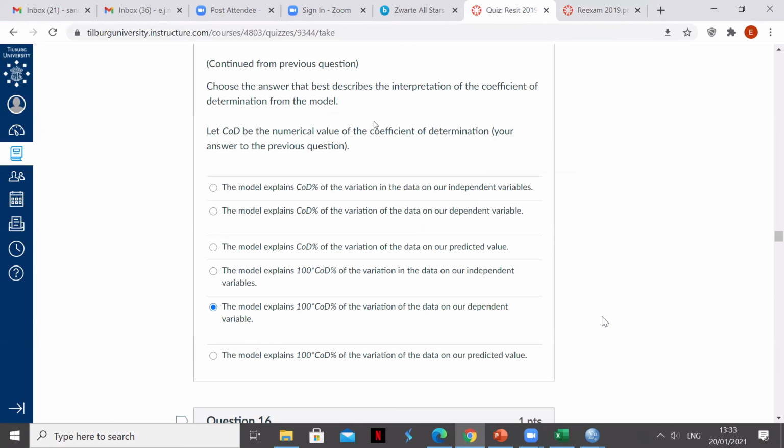I think it's formulated rather weird, of the data on our dependent variable. But what it just means is that 9.6% of the variation of the data of our dependent variable is explained. I think it would be more clear if they had said of than on, but it's just a way of formulating things. So I hope you understand that.